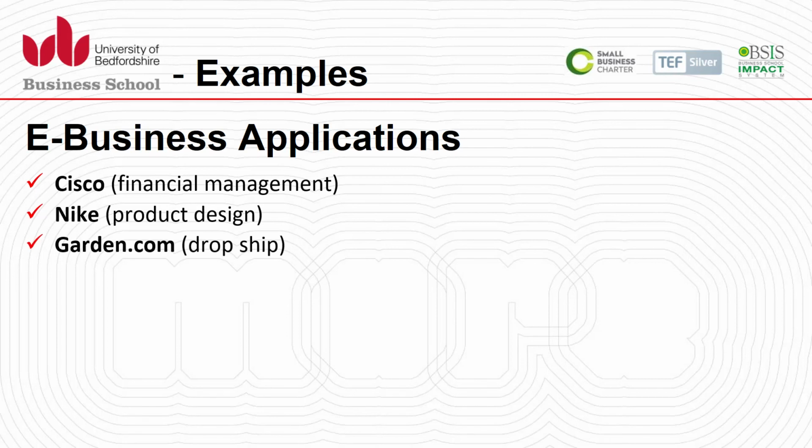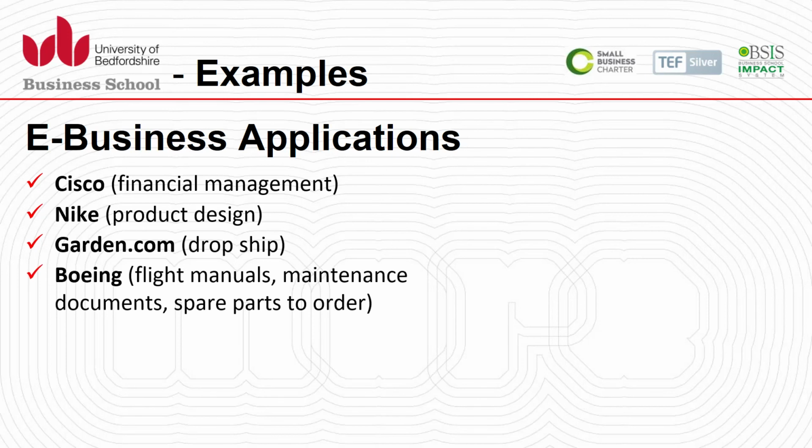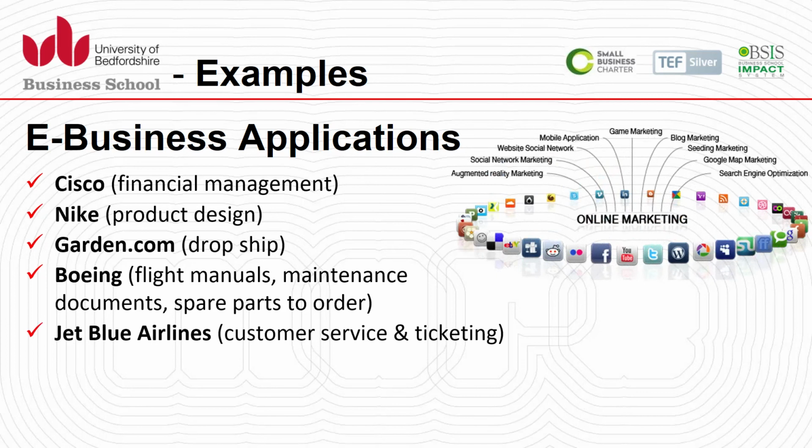You see garden.com, that's the drop ship they are using, and Boeing, for example, the flight manuals, maintenance documents, and spare parts ordering. That is quite important operational activity to be performed. JetBlue Air, for example, customer service and ticketing, all online. So how is online marketing, e-business, compared to e-commerce?